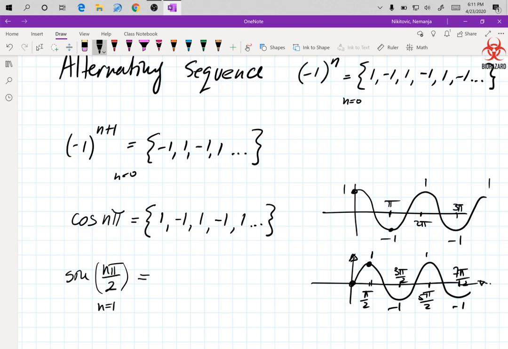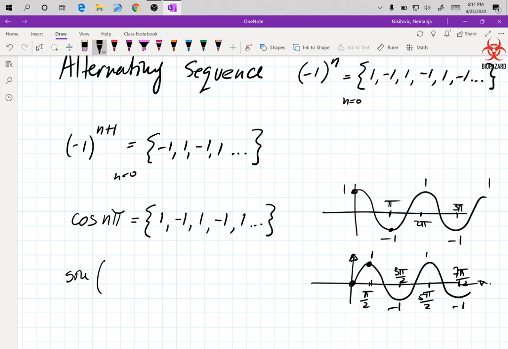But if n equals 1, then you get pi over 2. If n is equal to 2, then you get sine of pi, and sine of pi is 0. No, this is wrong. I have to rework this one.